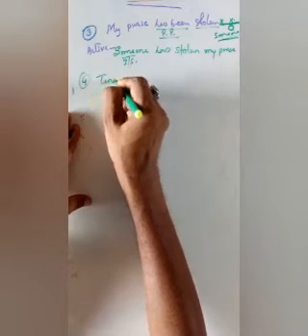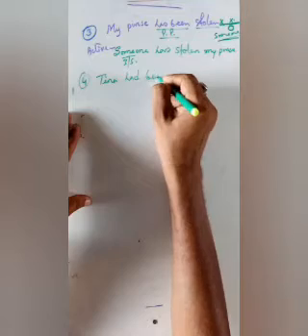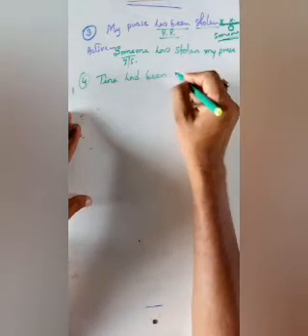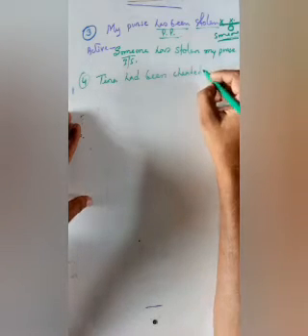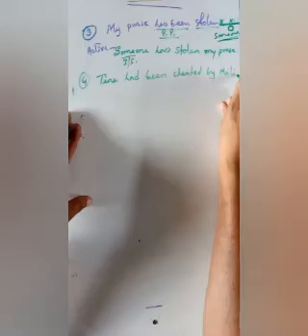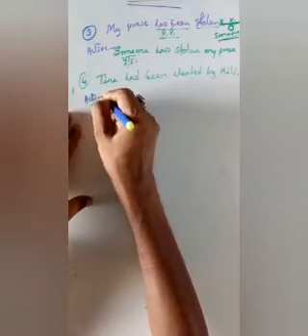Tina had been cheated by Millie. Okay, this is the sentence. It is in passive. We have to take it into active.